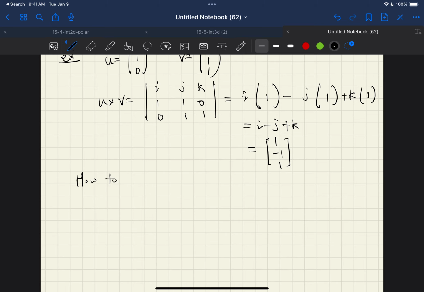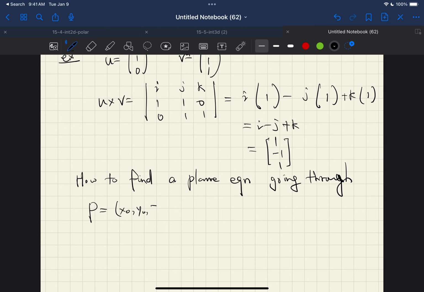How to find a plane equation going through 3 points.